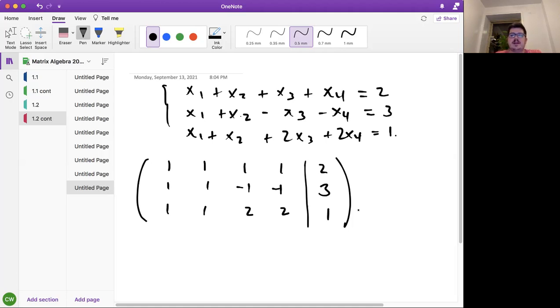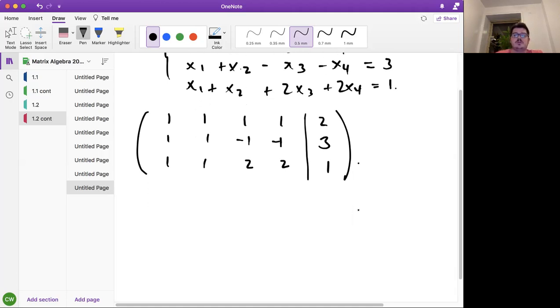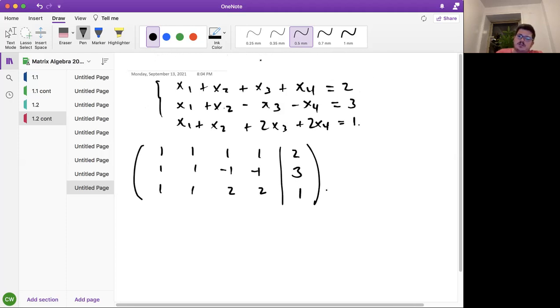Okay. Now let's use Gauss-Jordan elimination and put this into reduced row echelon form. The first step is to just put it into row echelon form. So give me a step that would do that.